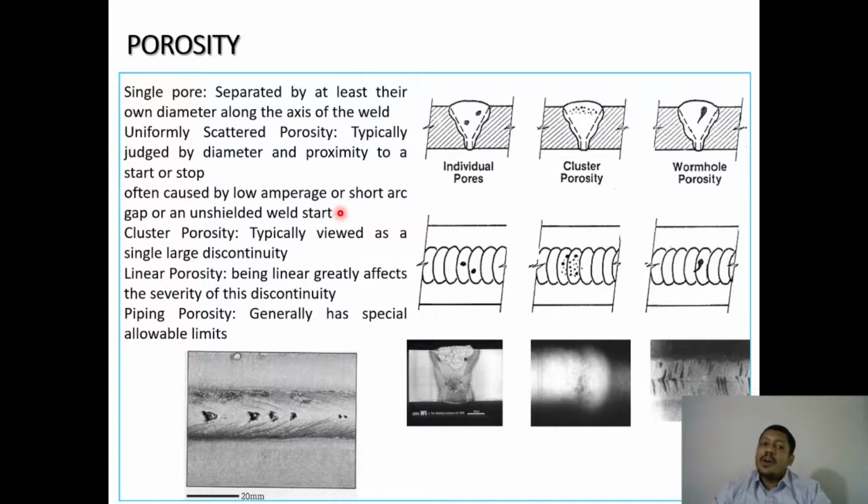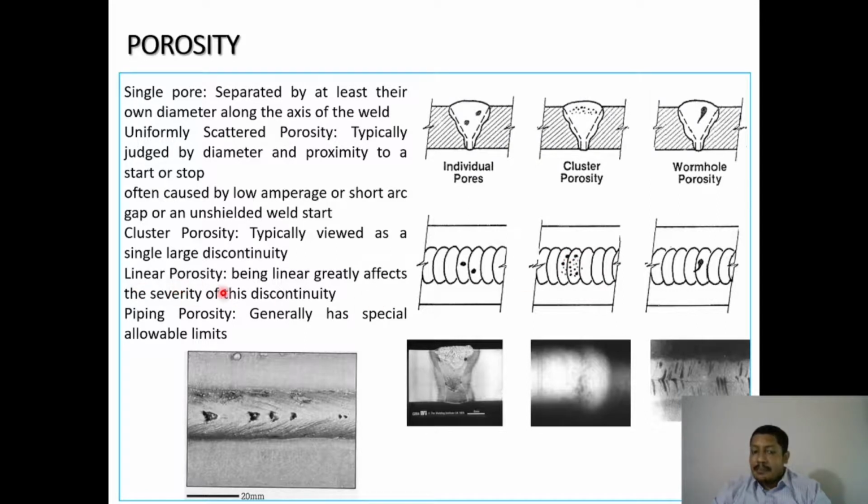If you observe porosity at the start or end of a weld, that is called uniformly scattered porosity. Cluster porosity is typically viewed as a single large discontinuity. You can see defects occurring in between certain areas, so they are called cluster porosity.